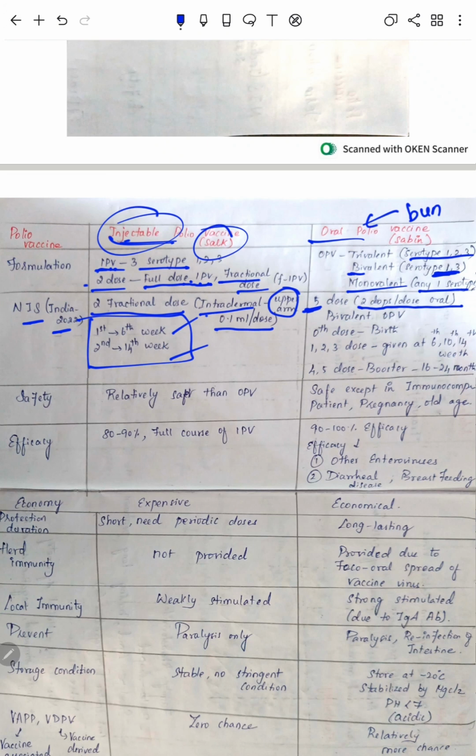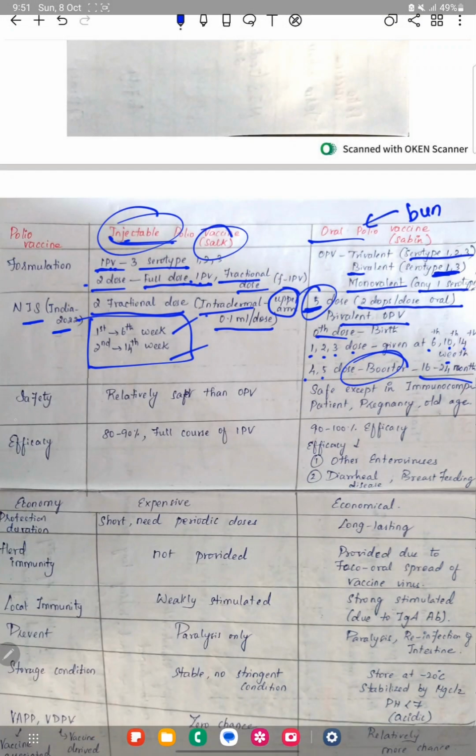You people have already been vaccinated for oral polio in school days, right? For bivalent OPV, the 5 doses are: the 0th dose at the time of birth, and doses 1, 2, 3 given at the 6th, 10th, 14th week. The 4th and 5th doses are booster doses, given at 16 to 24 months.